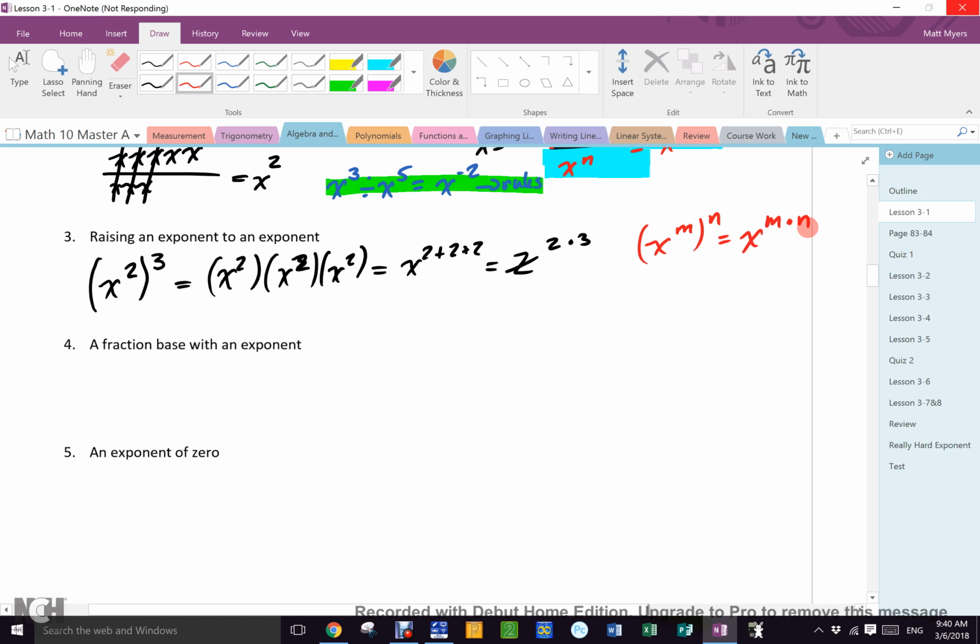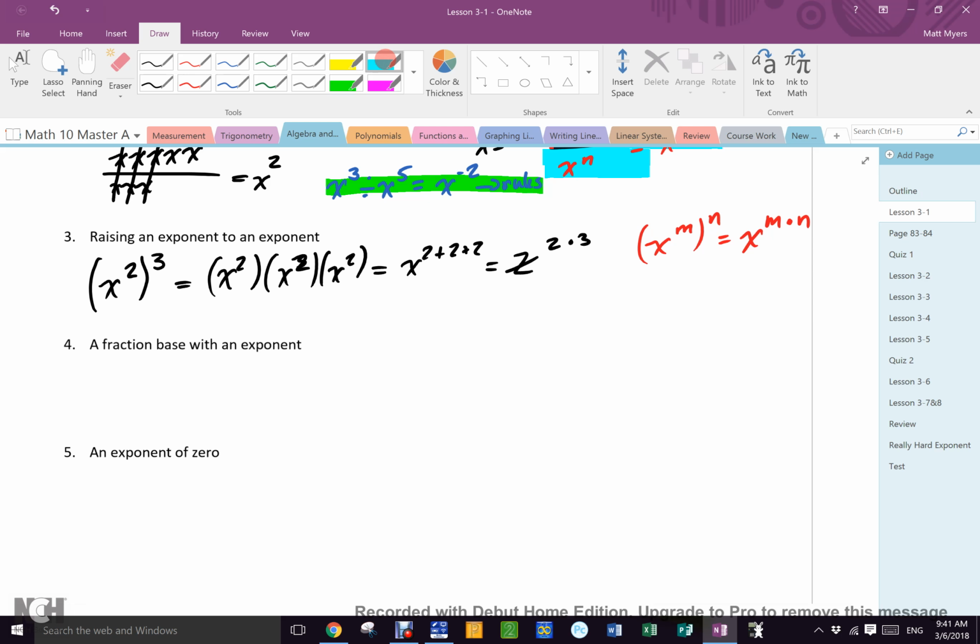Now I'm going to stop here for a moment to remind you of something. Each one of these exponent laws is an independent thing. But every one of these exponent laws applies in every case. All right? So it's not enough just to know them.